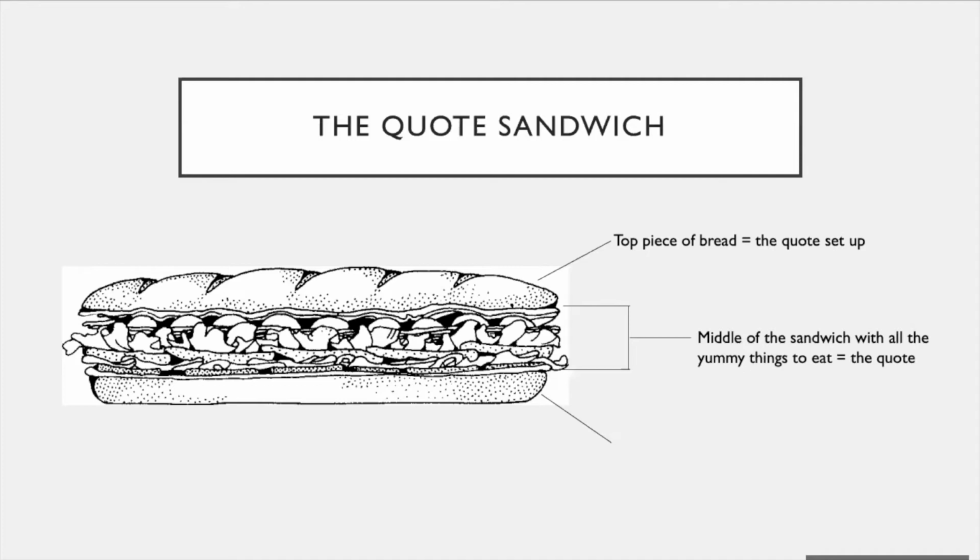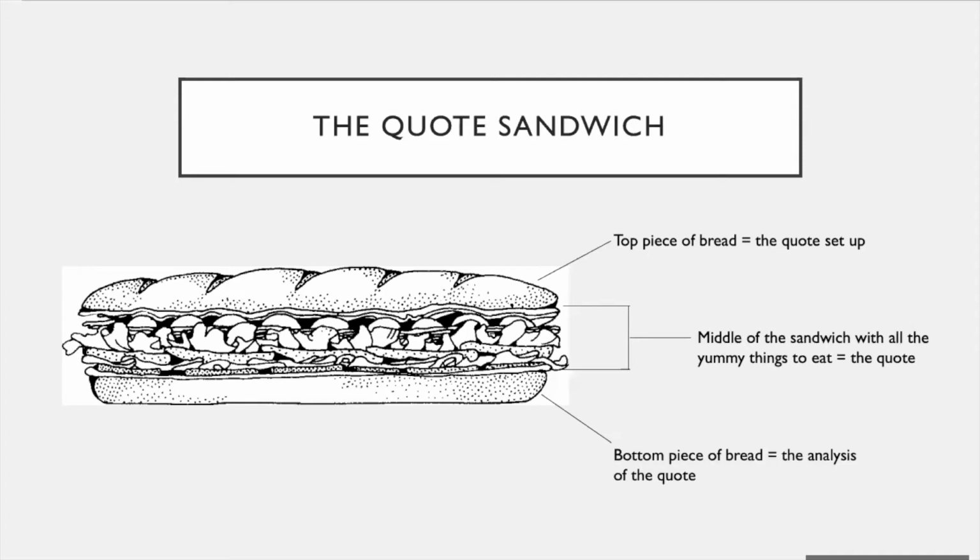That's where your turkey, your lettuce, your tomato, your mayonnaise, your olives, I don't know, your pickles, all the things I want on a Subway sandwich right now. All those things that you really want to eat in the middle, that's your quote. That's the thing that you want your readers to see because it brings in your own argument. Again, that's the middle.